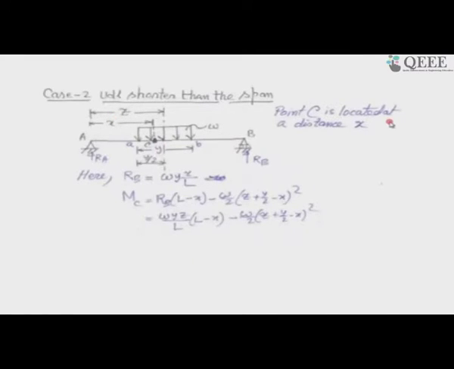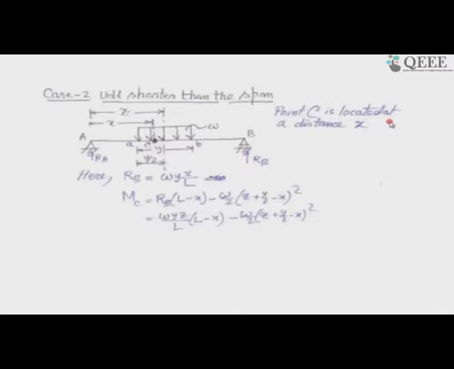A little bit of interest will be when we have the UDL shorter than the span. So it is not entirely the span, and you actually have a shorter span of application of the UDL than the span of the structure itself.